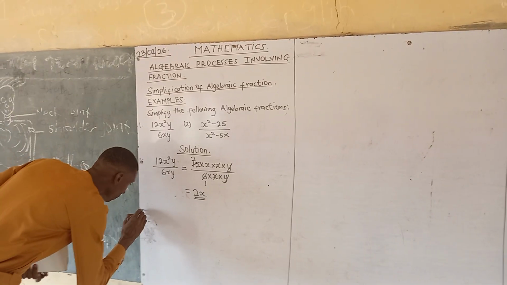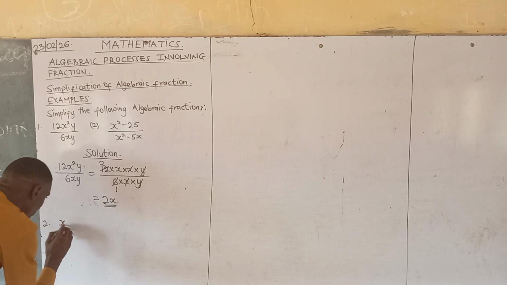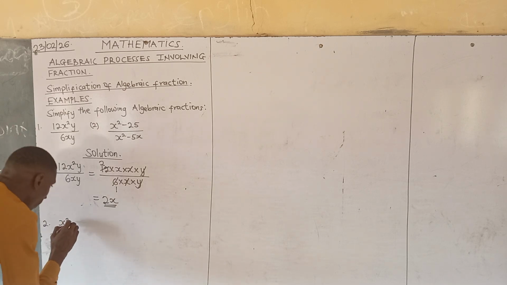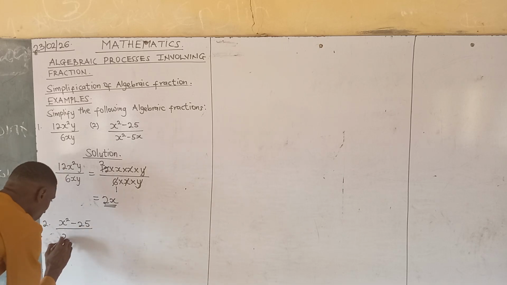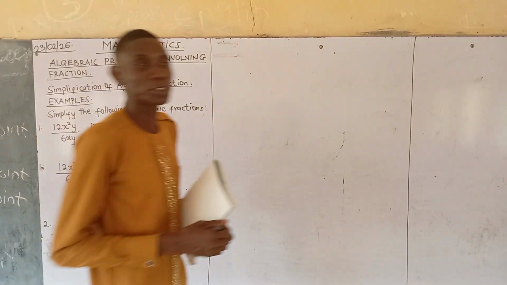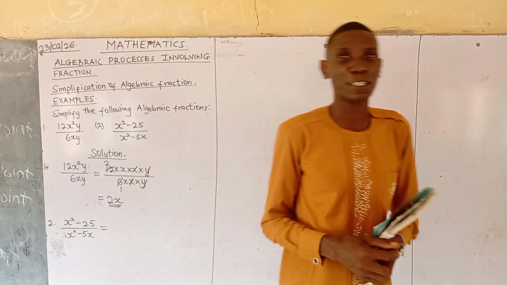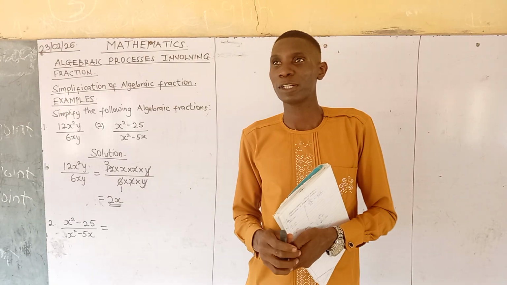Number 2, we are having x squared minus 25 all over x squared minus 5x. Look at this very well. This will be expressed in the form of, what do they call it?